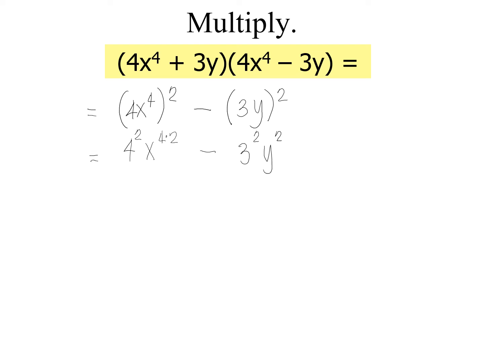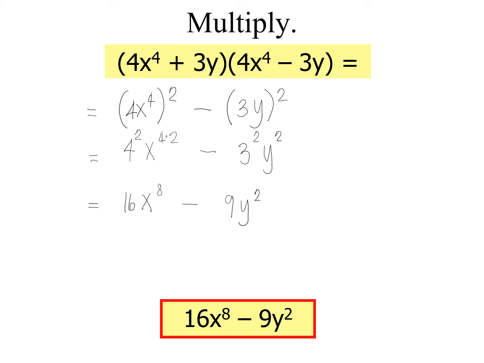Okay, so we have here 4 squared is actually equal to 16. x to the power of 4 times 2 is x to the power of 8 minus 3 squared is 9 and y squared. There you go. So our product for this one is 16x to the power of 8 minus 9y squared.